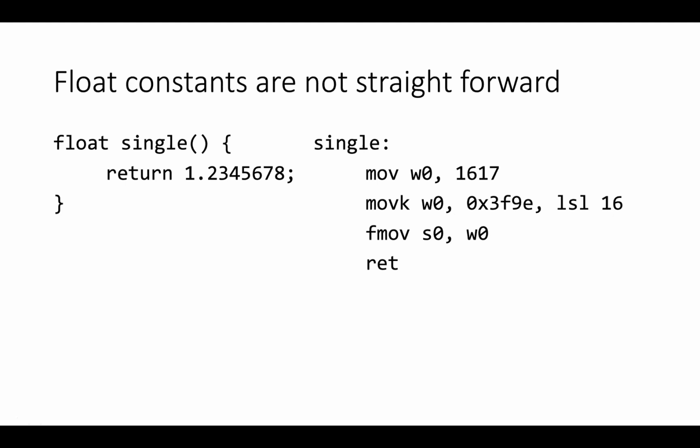So move versus move keep. Then to go from the W register to the single precision register, FMOV. So that move keep, when you're updating the upper half, also keeps the lower 32-bit half of the W0.